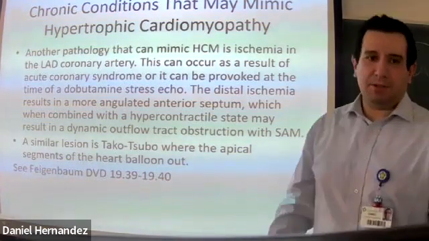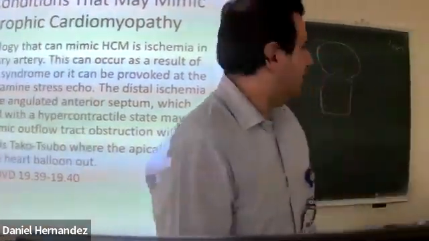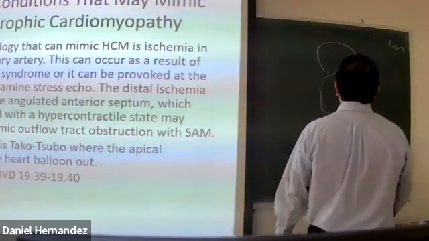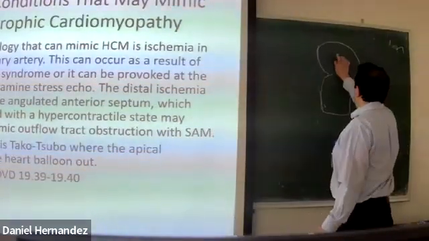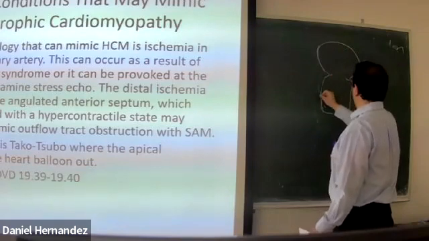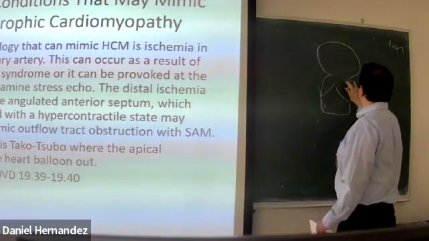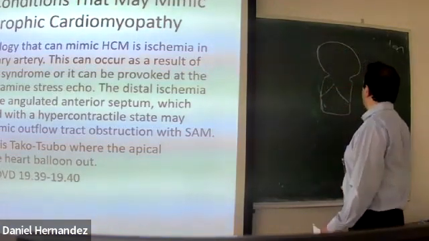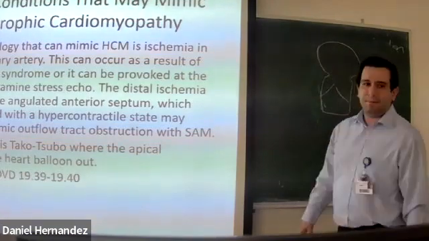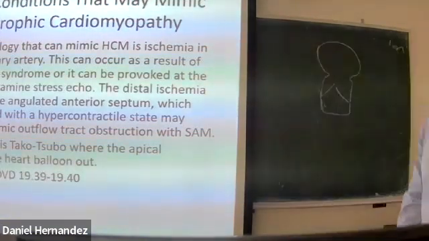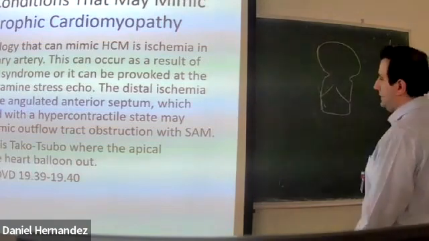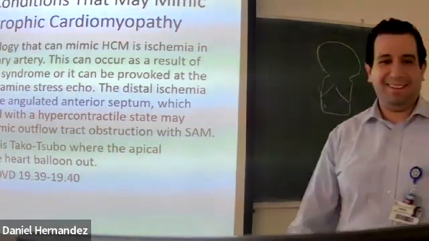That's kind of like my two-chamber view. My Doppler down here. We'll put a valve down here. So the apical segment of that heart kind of balloons out. So it almost looks like the head of a squid.